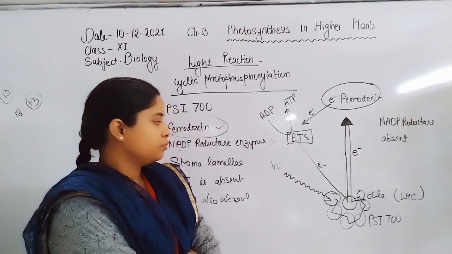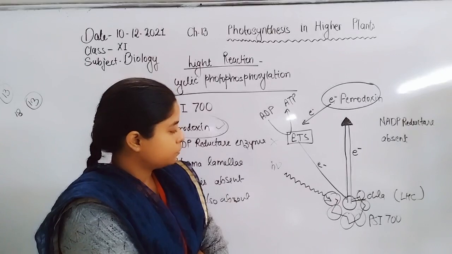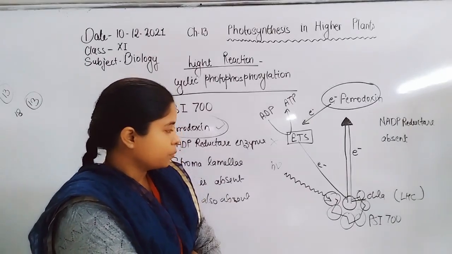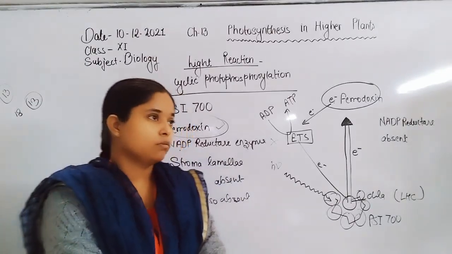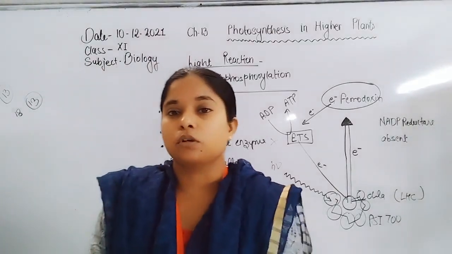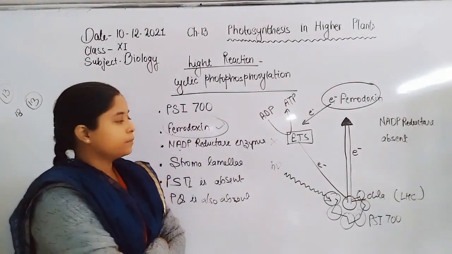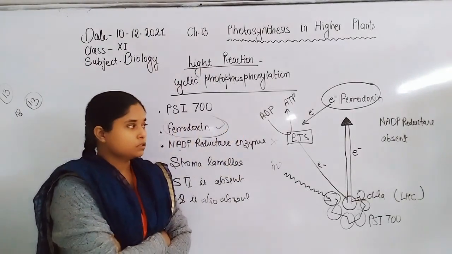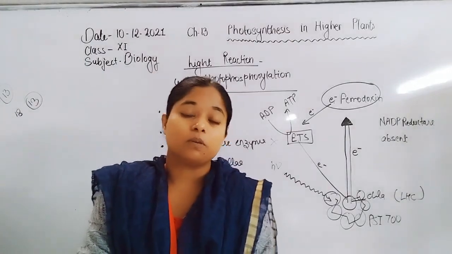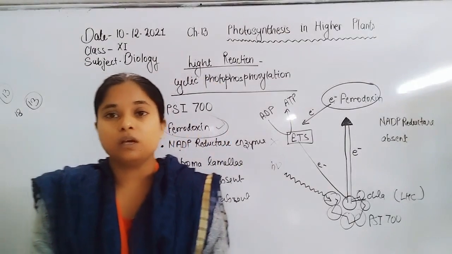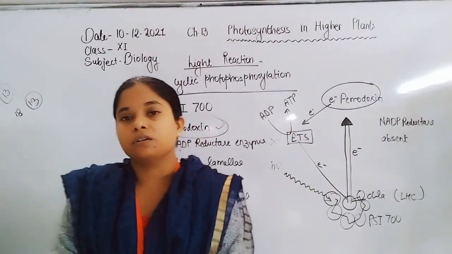From chlorophyll A the electron is emitted, gets excited and jumps from its orbit, and is accepted by the electron acceptor plastoquinone and transferred to the electron transport system. Through the electron transport system, ATP gets synthesized and the electron again passes in a downhill manner to photosystem first, which absorbs light of 700 nanometer.